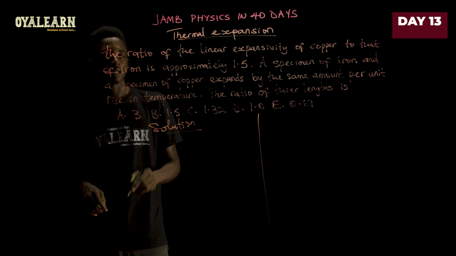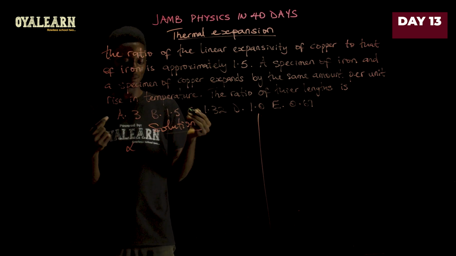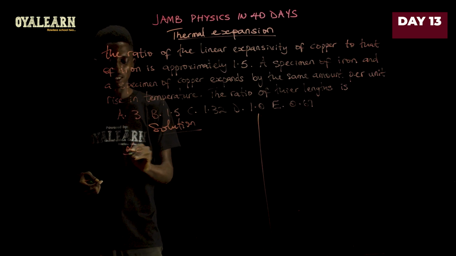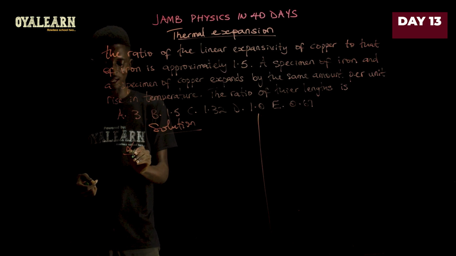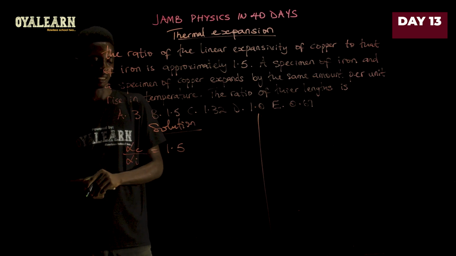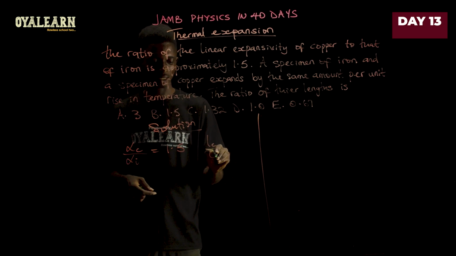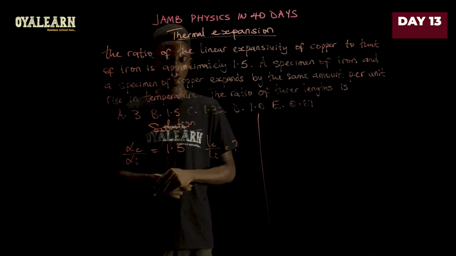Let's start with copper. So according to the first statement here, we know that the ratio of their linear expansivity is 1.5 approximately. So what we are looking for now is the ratio of their length. This is what we need to find.